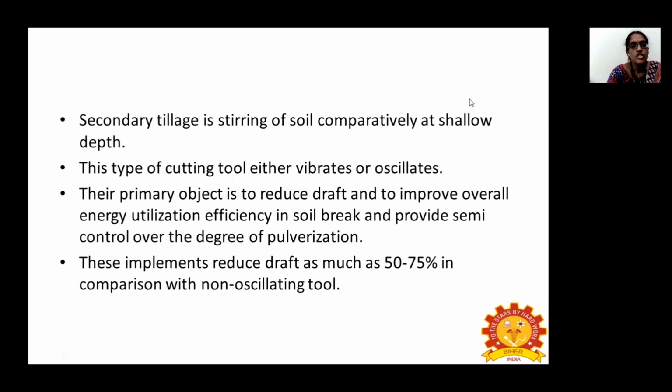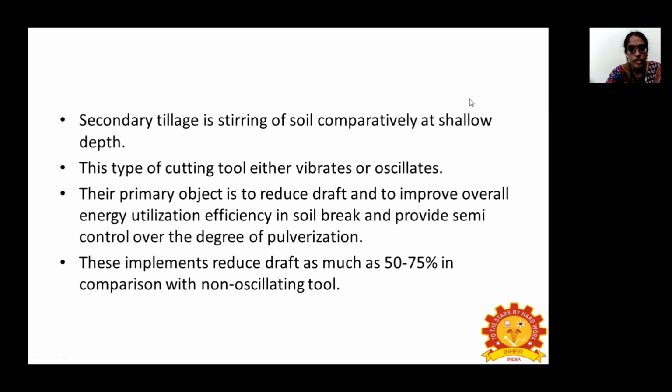Secondary tillage is stirring the soil at a shallow depth. It consists of a cutting tool that either vibrates or oscillates. Their primary objective is to reduce the draft and improve overall energy utilization efficiency, which helps to break the soil and provide control over the degree of pulverization.